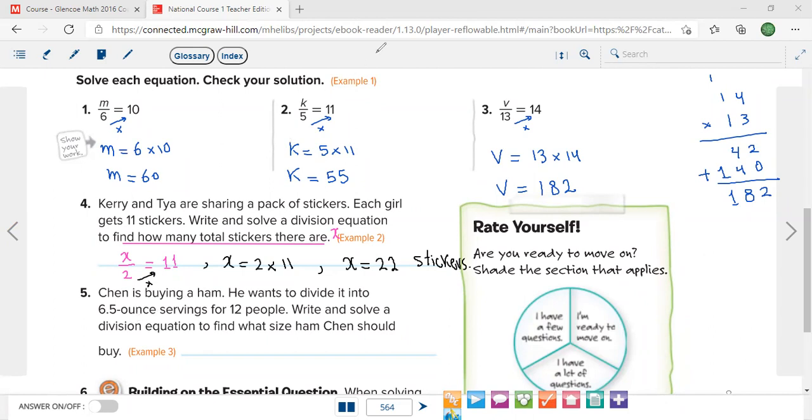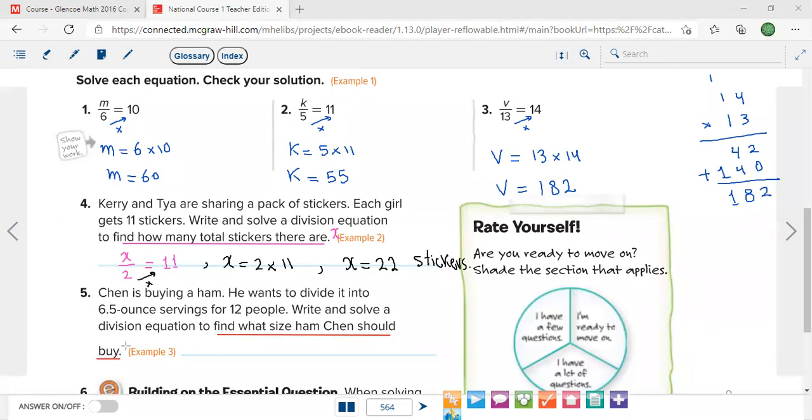In problem number 5, Chin is buying a ham. He wants to divide it into 6.5 ounce servings for 12 people. Write and solve a division equation to find what size ham Chin should buy.